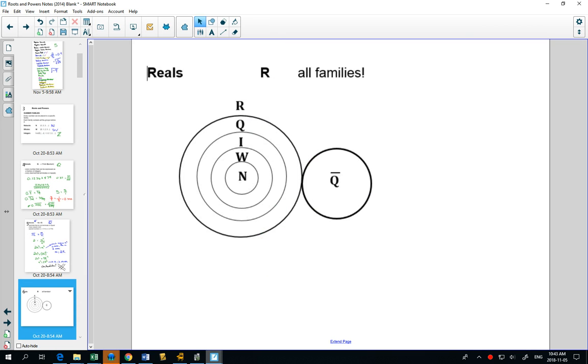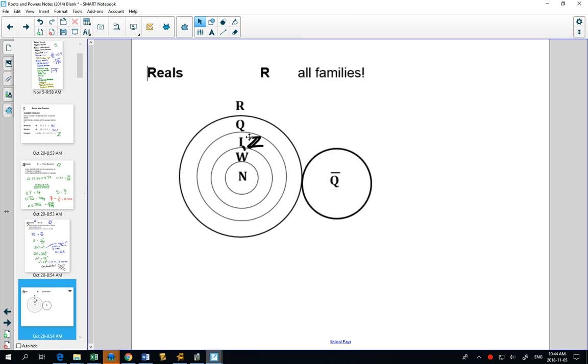And we can draw a diagram to show all of our number systems. So the reason that the circles are inside of each other is because all of the natural numbers are included in all of the whole numbers. And all of the whole numbers are included in all of the integers, which we should symbol with Z just to get used to it.